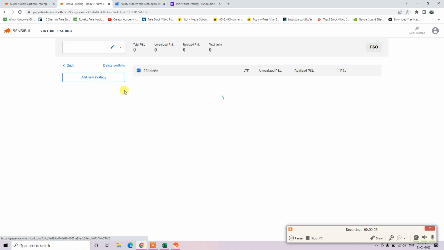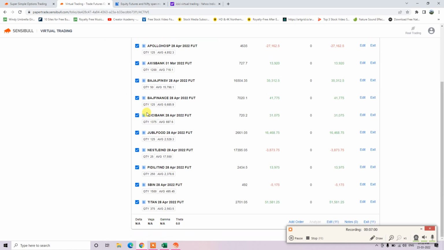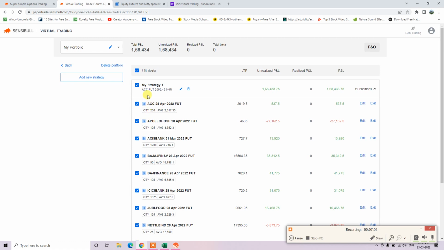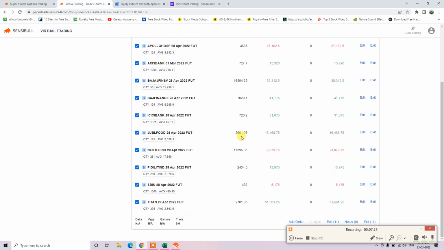See here, this is my analysis, and I created this strategy maybe a week before. I don't see the date over here. And see the profit which I am getting on virtual trading is 1,68,000 rupees. Hope you can see that.